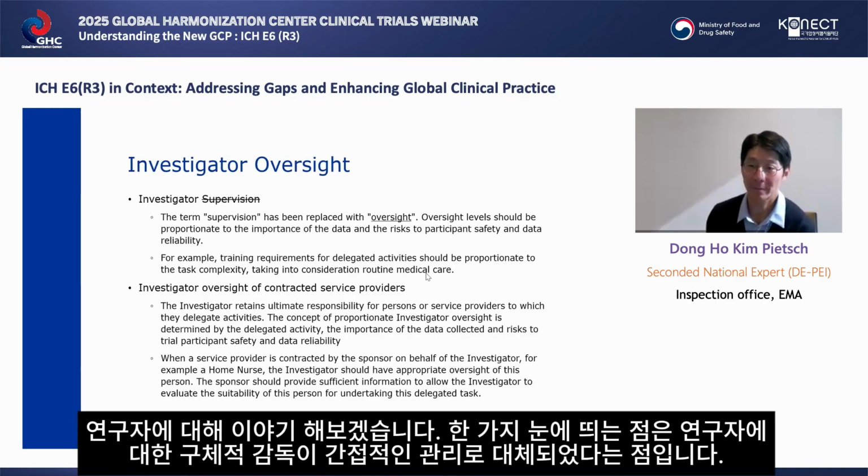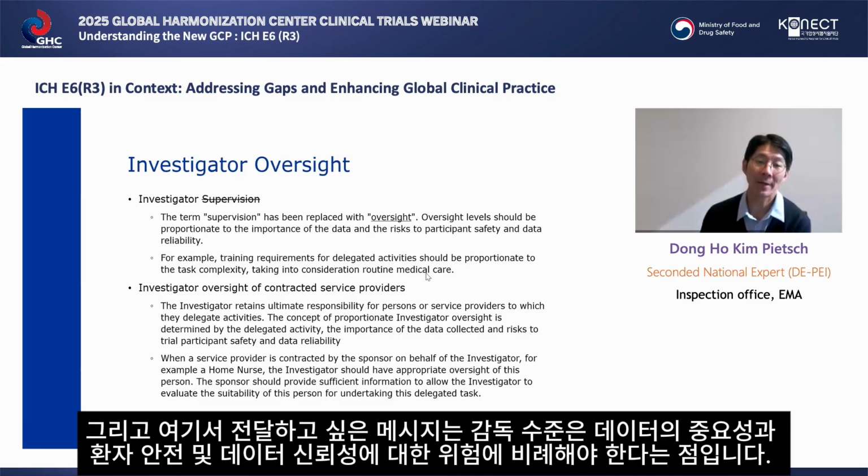One thing which has been noticed is that the term investigator supervision has been replaced with oversight. Here we want to convey the message that the oversight level should be proportionate to the importance of the data and the risk to patient safety and data reliability.